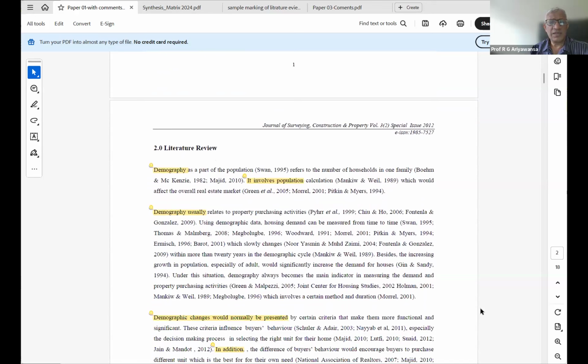like literature review. Again, I would say that these authors have provided a specific context under literature review. About the problem and methods, everything, they are providing a detailed analysis using available literature about the context. Demography as a part of population. Again, the same writer, the quotation refers to number of households in a family.